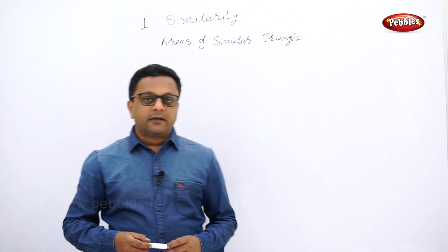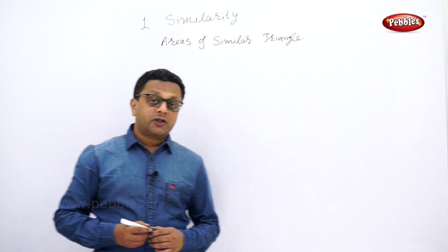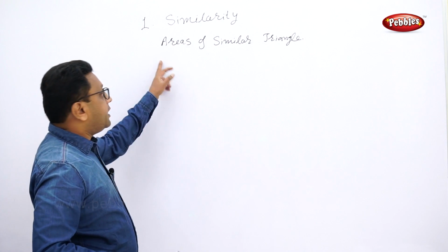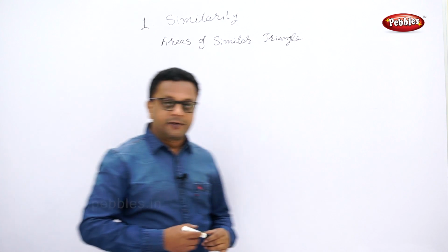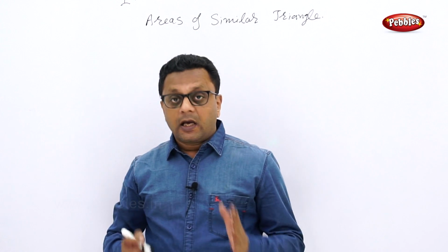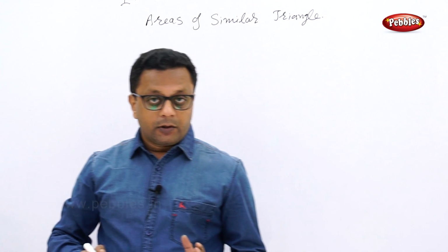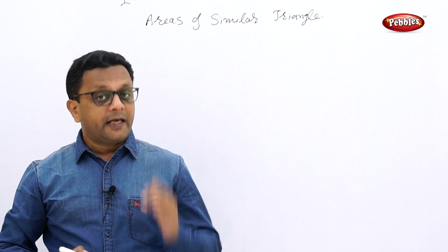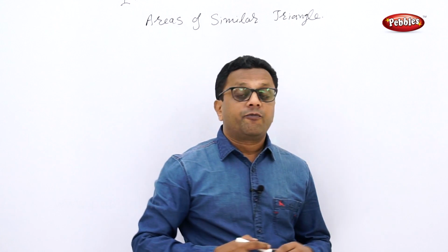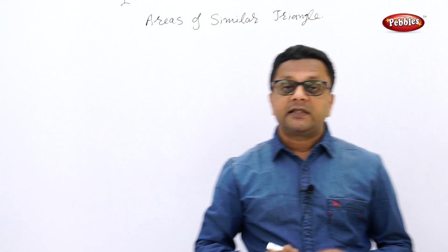Now let us see the next topic of the first chapter of geometry, similarity, and that is areas of similar triangles. We have already studied that if two triangles are in the ratio, then the ratio of their areas is equal to the ratio of the product of their base and height.